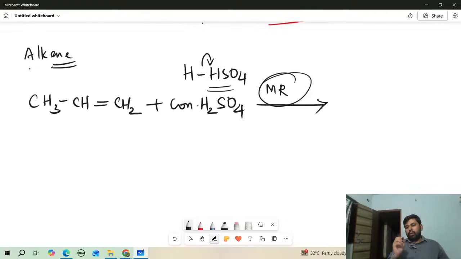So our nucleophile is supposed to be attached to the more substituted carbon, or the one which contains fewer hydrogens. So I can attach this group here, CH3, CH, and it becomes positive.